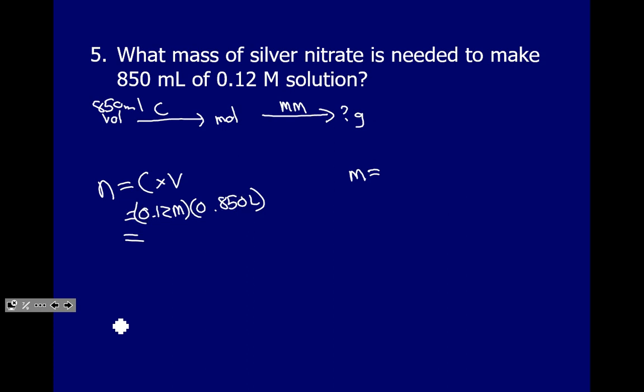Formula for silver nitrate. That's not silver nitrate. That's silver nitride. So you've got to find the nitrate.